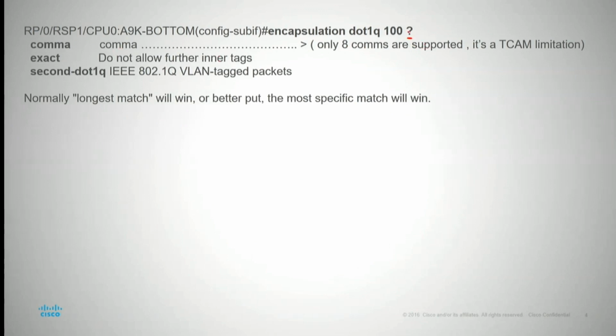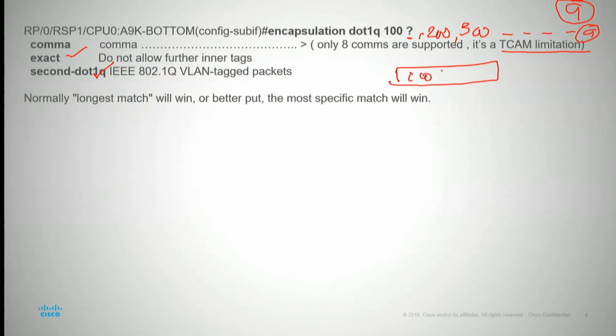We can define commas; as mentioned earlier, we can define 9 entries, like 100, 200, 300, because of the TCAM limitation on ASR 9K. For the second VLAN tag, suppose the first one is 100 and the second you define as 200; we can say that is QinQ.